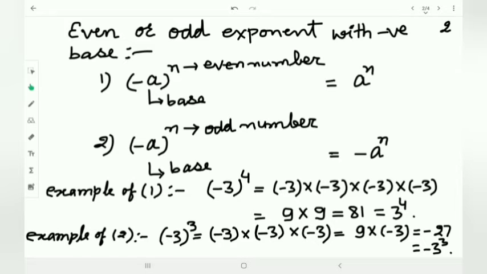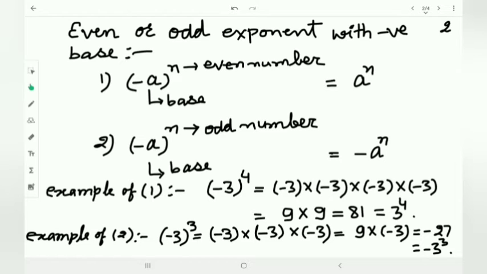When you convert this 81 into the form of an exponent, you will get 3 raised to the power 4. It means minus 3 raised to the power 4, in which the base is a negative integer, and here you are getting a positive integer. Why? Because the exponent is an even number.